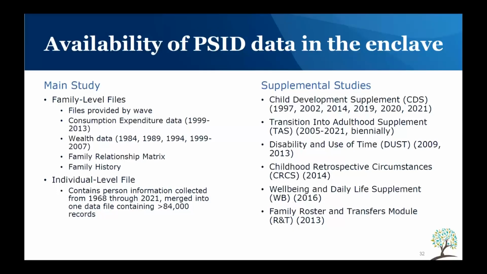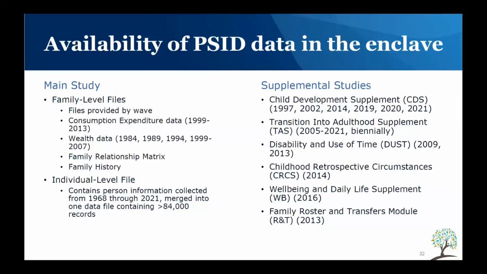The first set of studies that are available in the enclave are our family level files. So that's files with information provided wave by wave. There's also consumption and expenditure data and wealth data. And importantly, for people who are interested in intergenerational relationships or linking family members, we also have the family relationship matrix and the family history files.